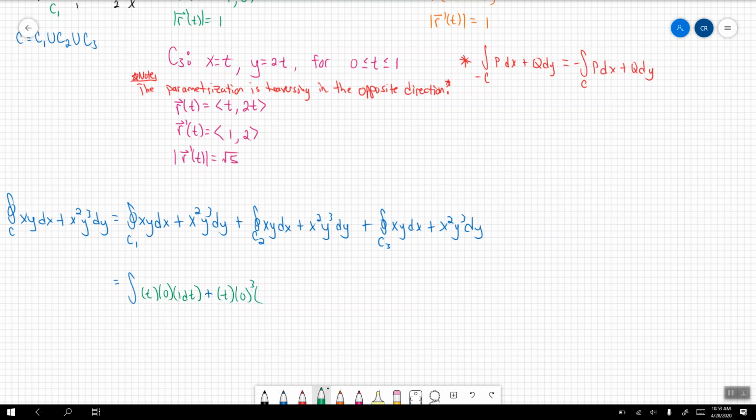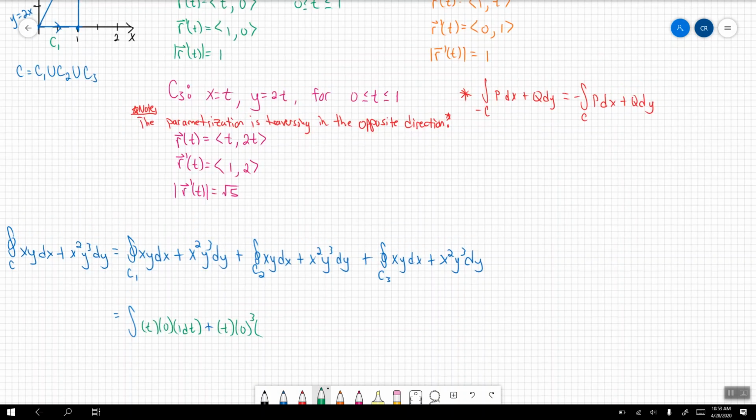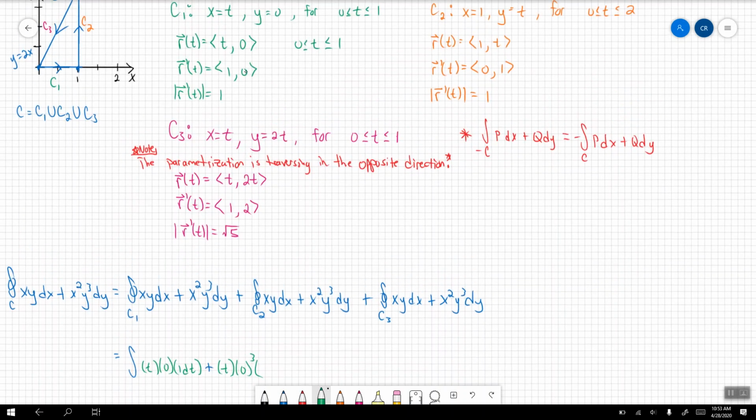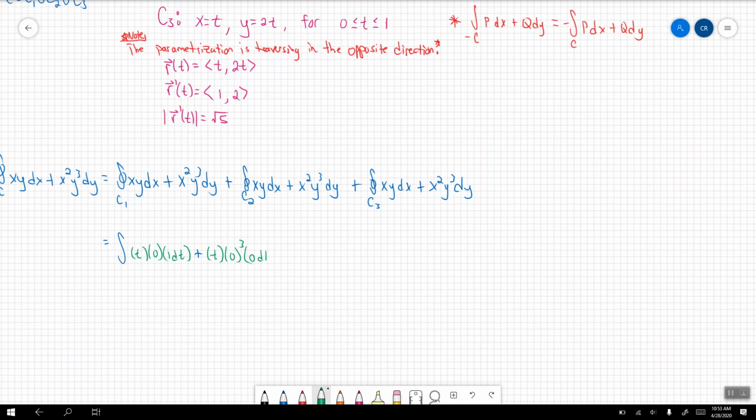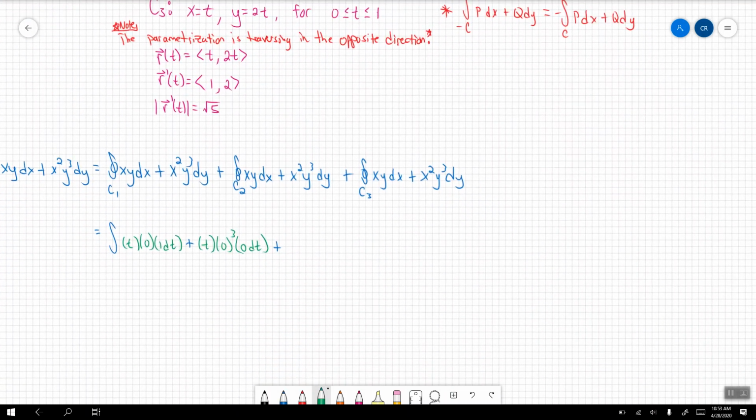And then dy, well, what was dy in this particular case? Dy, that's just 0, so this is going to be 0 dt. Alright, that was my first integral. Those t values were bounded between 0 and 1. So my integral goes between 0 and 1, plus the next integral.